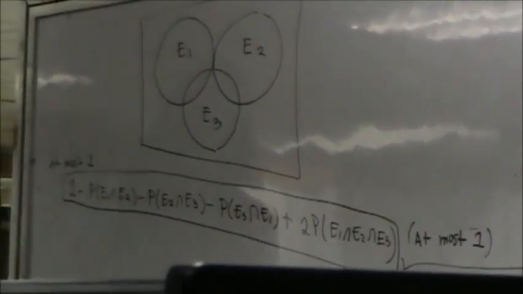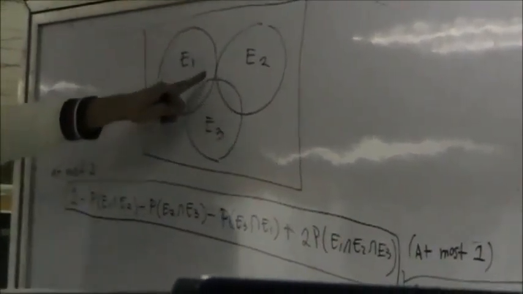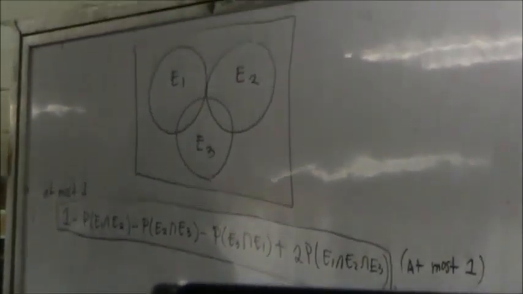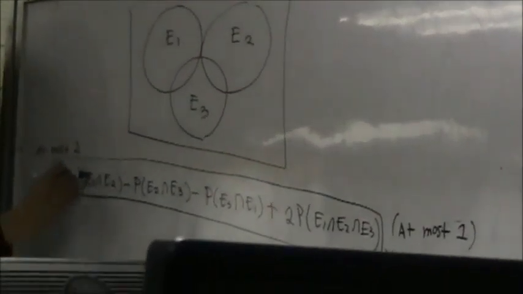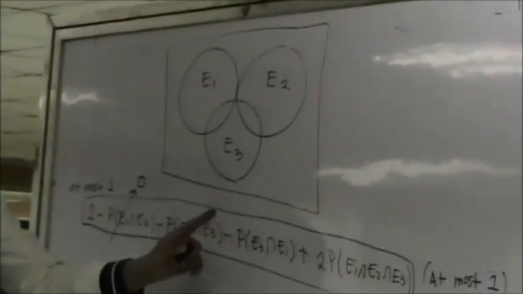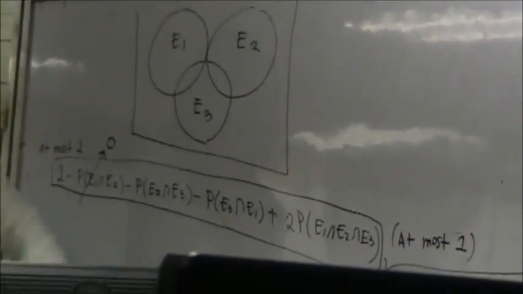Alright, but now it's a different situation. There is no intersection between E1 and E2. Which one drops out? Now obviously this one becomes 0. There is no intersection between them. E2 and E3 exist. Obviously it's right there. E3 and E1 exist. Does this exist?